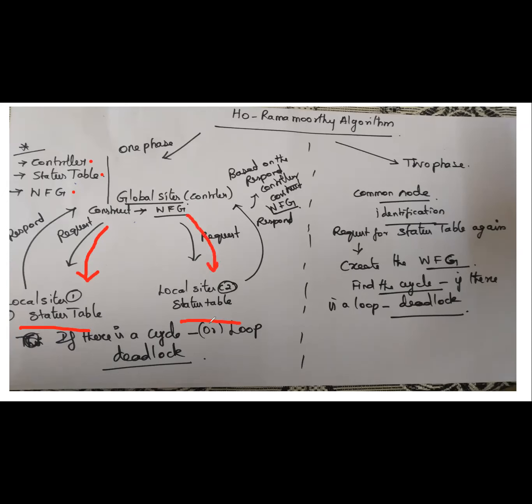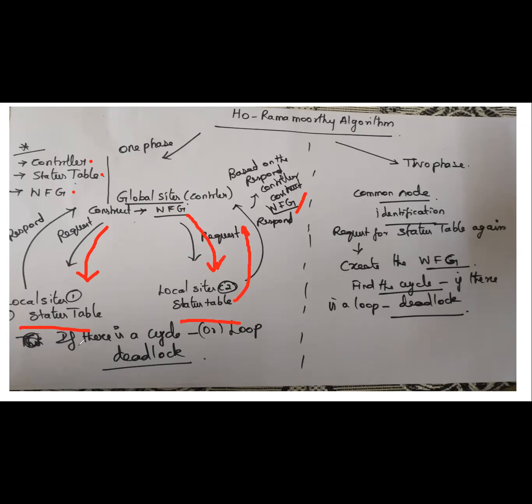In response, the local sites will respond with the status table. After receiving the status tables, the global site is going to draw the wait-for graph. By drawing the wait-for graph, they are going to identify whether there is a cyclic wait or not.